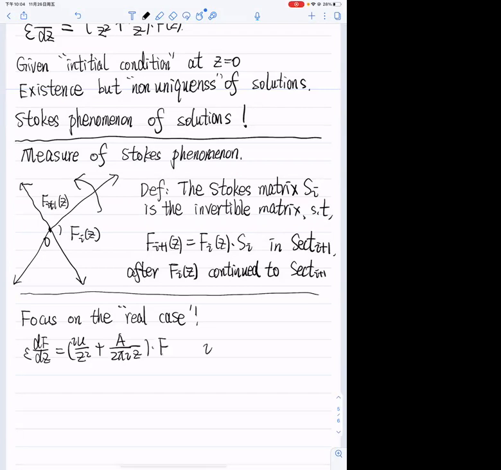Here iota is square root of -1, so we'd better distinguish it from I. And U, let me assume U is a diagonal matrix with real, distinct entries, which means that each of these eigenvalues Ui are real and distinct.